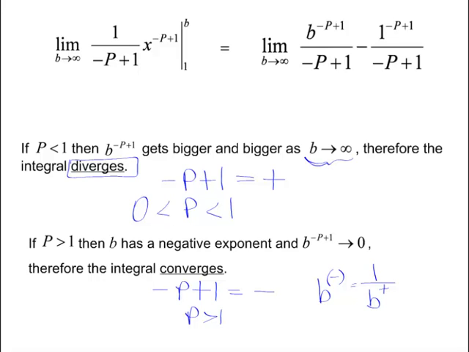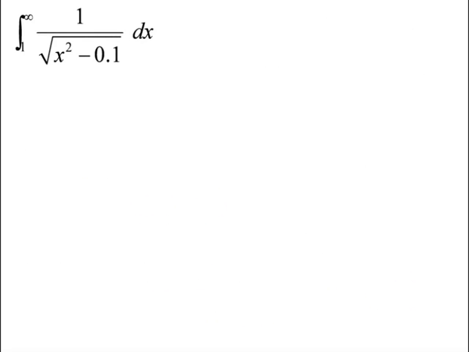As b tends toward infinity, this term tends toward 0. That's what convergence looks like. So simply by inspection, determining whether p is greater than or less than 1 is going to allow us to determine divergence or convergence. Now there is a third case where p equals 1.